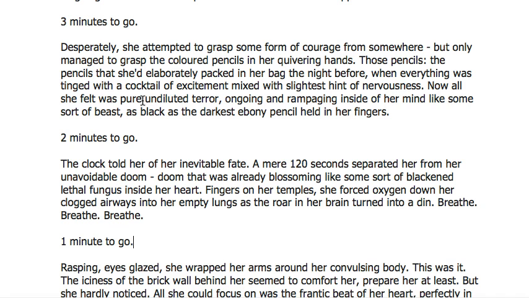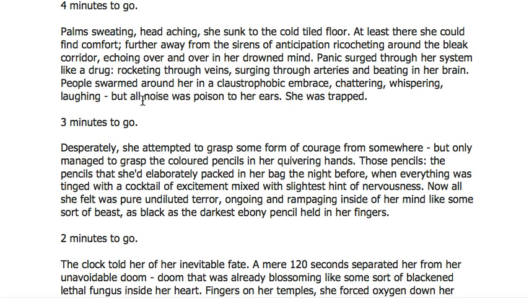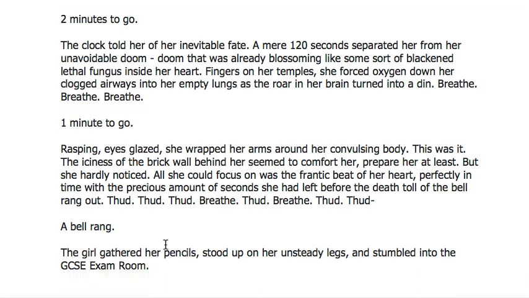I would just maybe not have quite so many examples because with all things in English language in the paper 1 and paper 2 question 5, so when you're talking about using a semicolon to link two sentences that are about the same topic, when you're talking about having a sentence variety, so starting with an adverb, when you're talking about having single sentence paragraph for effect or varied sentence length, we don't want to be doing too much of it, okay? So I would probably just slightly do a bit less of that, but I think it's absolutely fantastic. And I think this is a great example.